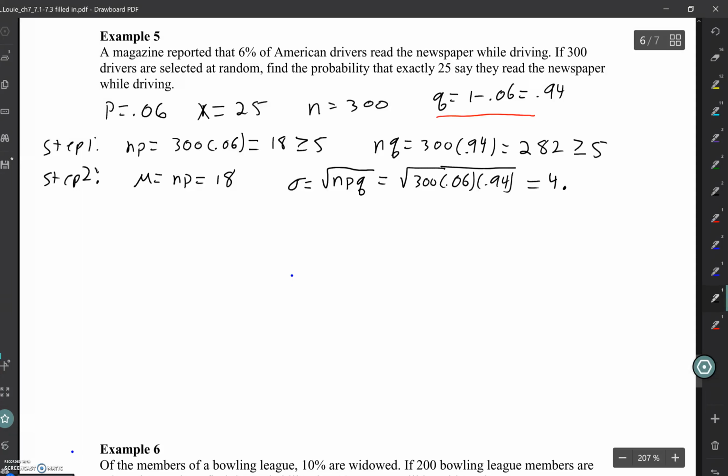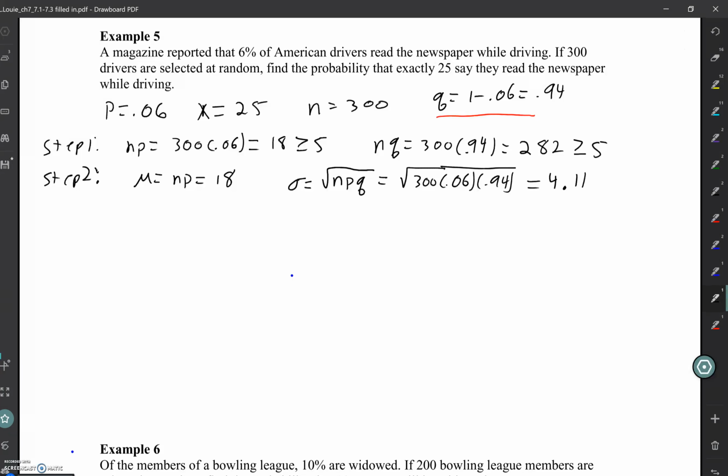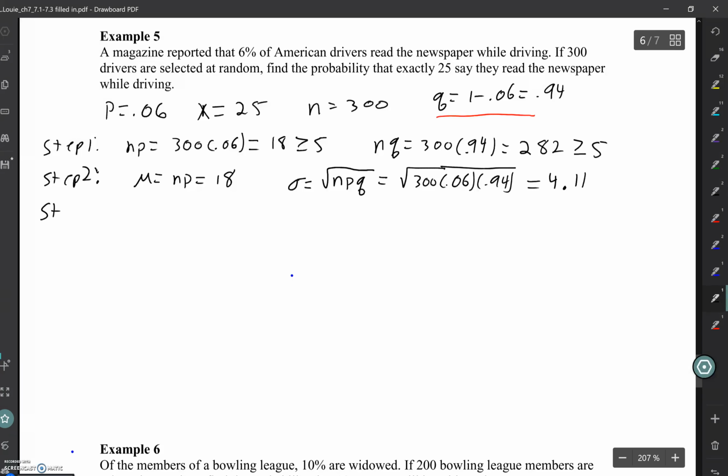And let's see what that gives us. So what do we get? 4.11. All right. So I've got my mean and my standard deviation.